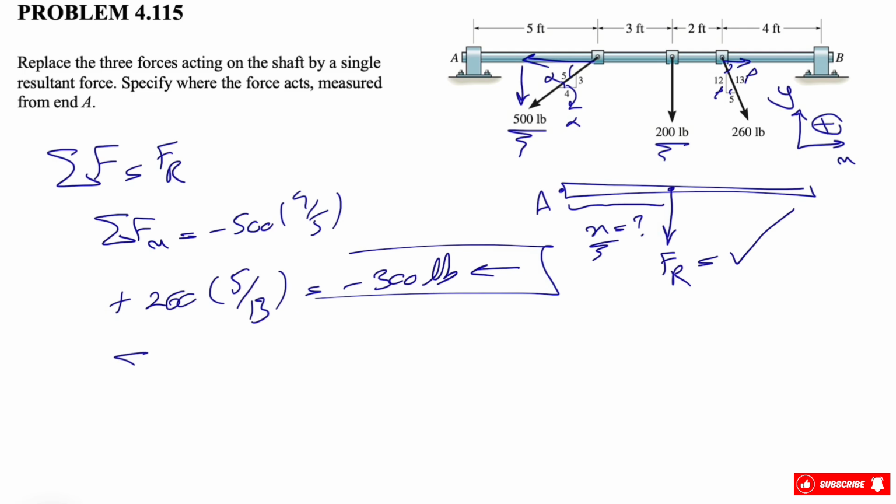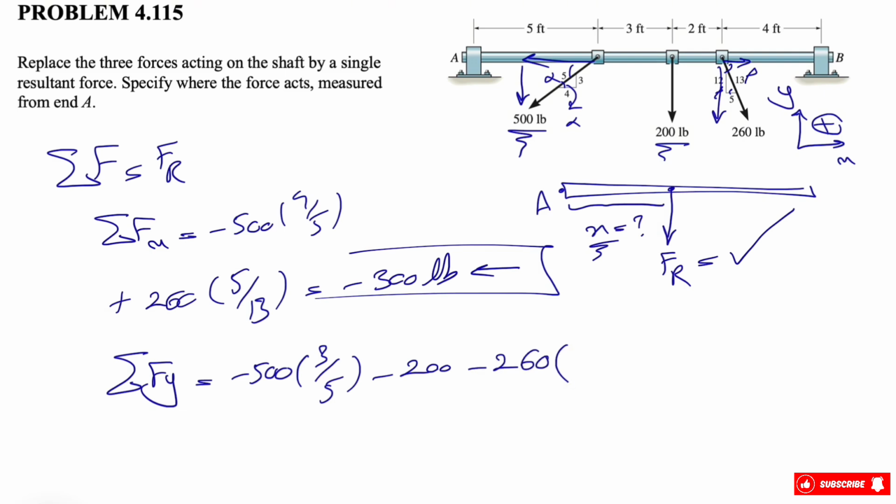Let's move on to the Fy. So let's go with the 500 again. This time the force is negative since it's downward, and we'll have the sine of alpha, which will be 3 divided by 5. And we have the 200 force downward, which is minus 200, and this will be the y component of the 260, which is also downward, so negative.